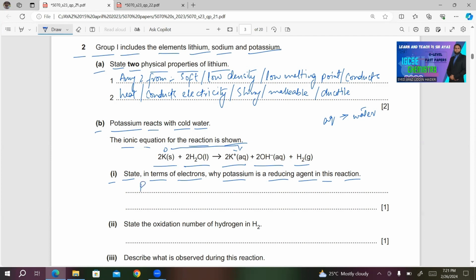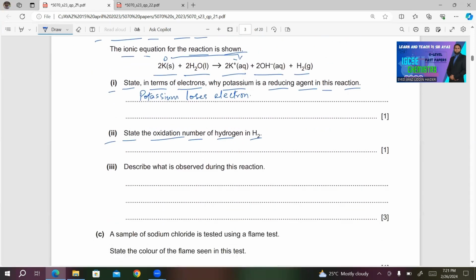So you will write potassium loses electrons. Number 2, state the oxidation number of hydrogen in H2. In H2 we don't see any charge, which means there is 0 on it. So simply the answer is 0 in this case.